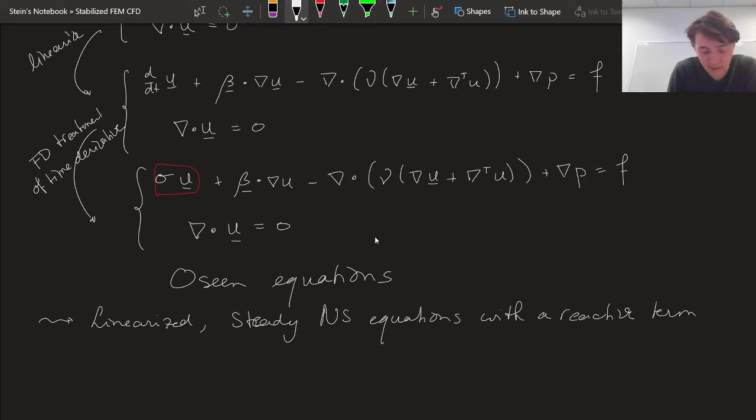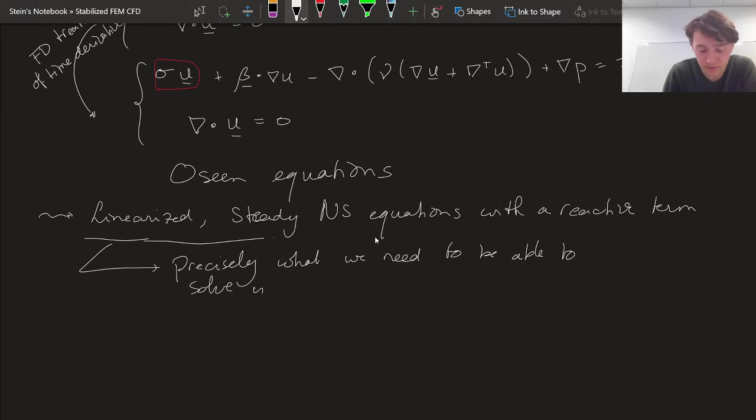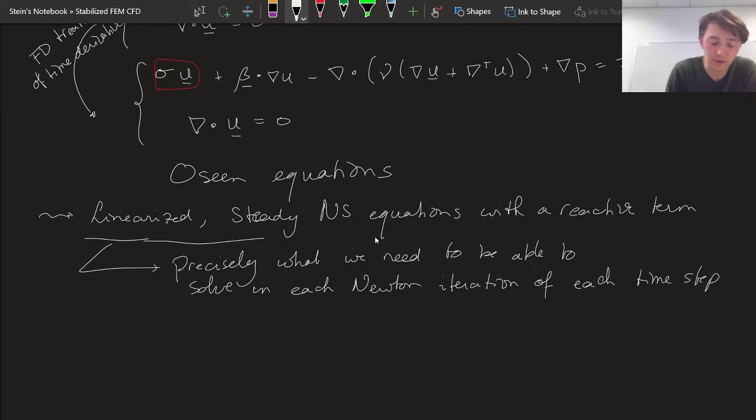And that is in fact precisely what we need to be able to solve in each Newton iteration, or in each time step, or each Newton iteration of each time step, in our finite element code.